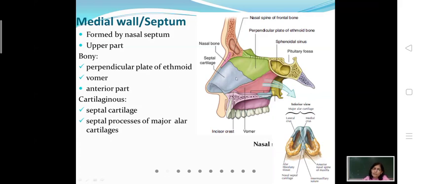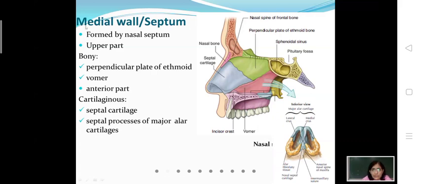The septal cartilage is a large cartilage. The other cartilages, the major alar cartilages, have their medial crura joining to form the columella. Between the columella and the septal cartilage there is a double-layered fold of skin, the membranous septum. So the membranous septum and columella are both mobile parts of the nasal septum. You can mobilize it in your own nose.